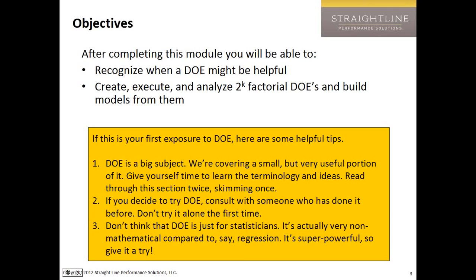DOE is a broad subject. 2 to the k is great for two reasons. Number one, it's the easiest to understand, although you'll get it for sure. I know you can do it. But there's a lot of notation that we have to get through. At the bottom of it, it's all just +1 or -1. That's it at the bottom of 2 to the k DOEs.